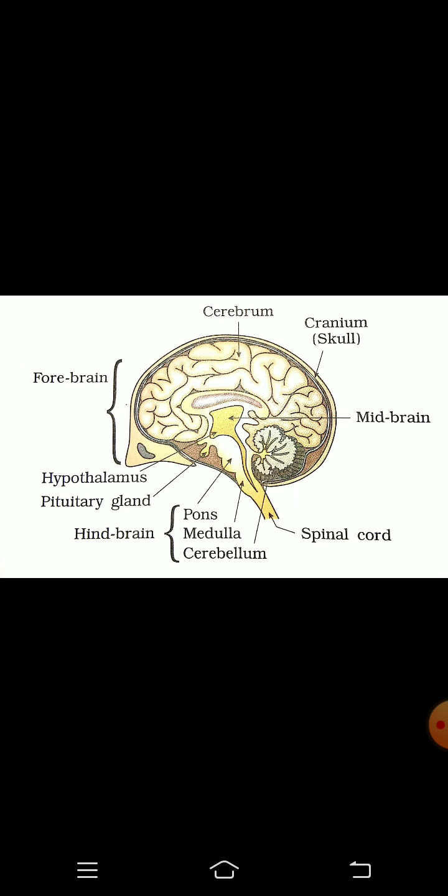You can refer to the figure to see where it is. The forebrain has regions which receive sensory impulses from various receptors. We have already learned about receptors in our previous session. We learned about ears, eyes, nose, tongue. We learned all this, right?